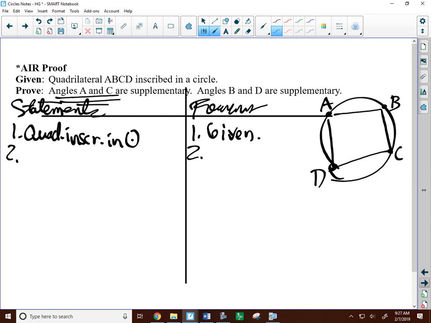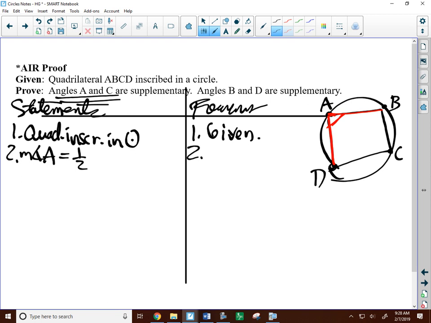We're going to show A and C are supplementary. Okay. We have no numbers, nothing else we can do except we know the inscribed angle theorem that we learned about. So A is inscribed, right? An inscribed angle. So I can write down that the measure of angle A is half its intercepted arc.